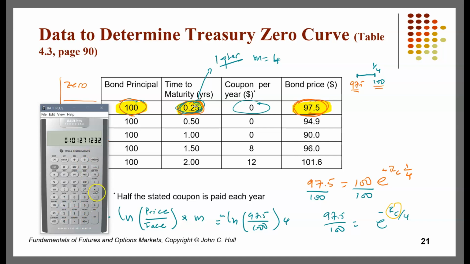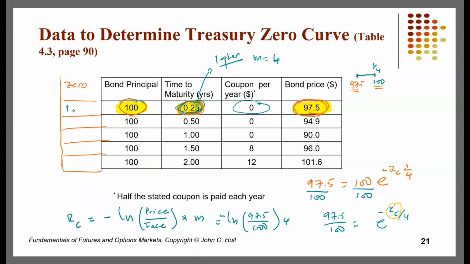That gives us 0.12127, so that's times 100. That gives us 10.1217%. That would be our zero rate for a quarter.